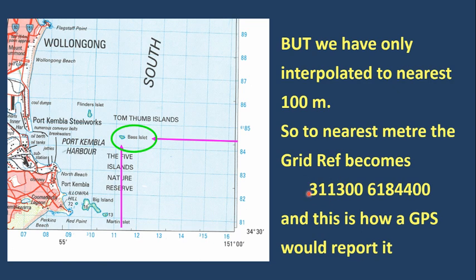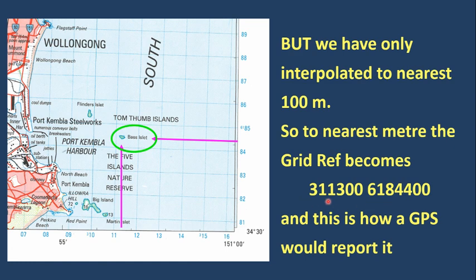So where we've gone 311.3, we've actually got to add 2 more zeros to get down to that metre scale accuracy. And similarly here for the northing, where we had 61844, if we put 2 zeros on the end, that goes from the nearest 100 metres to the nearest 10 to the nearest whole metre. So that becomes the true grid reference, the full grid reference we would show in a GPS system.